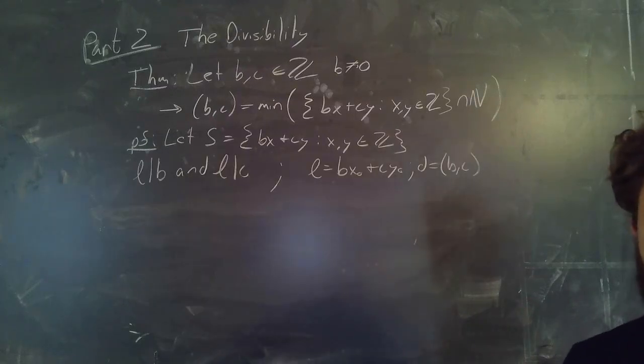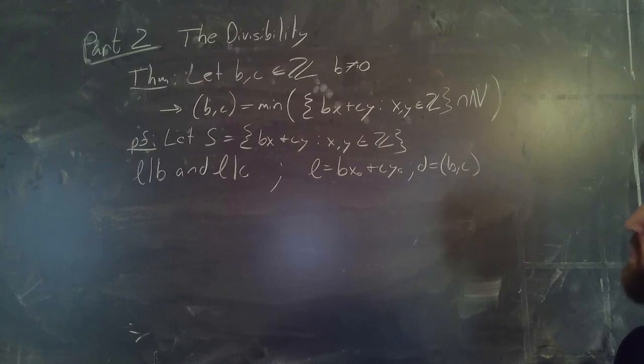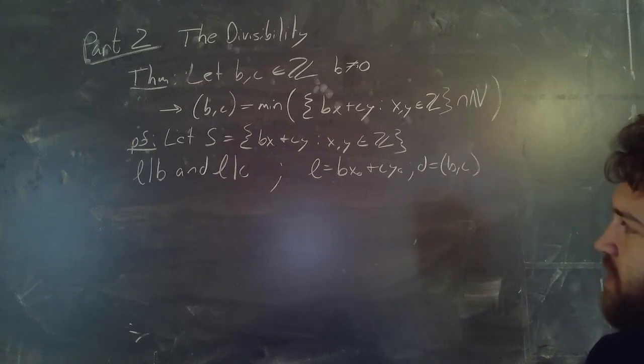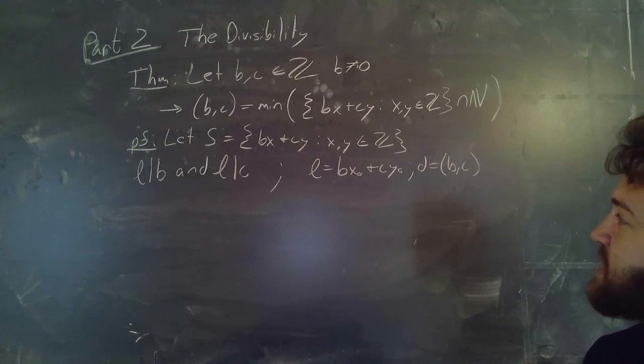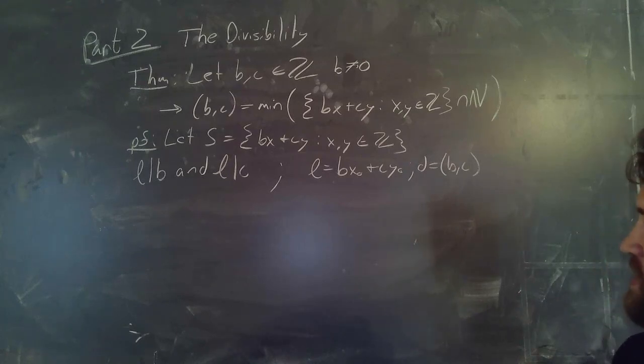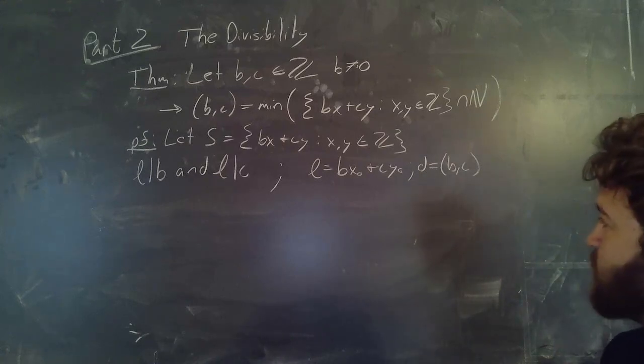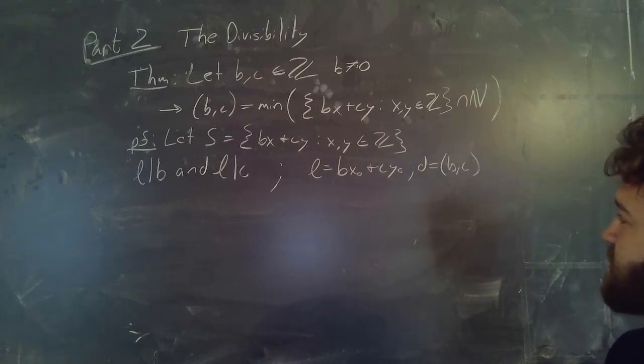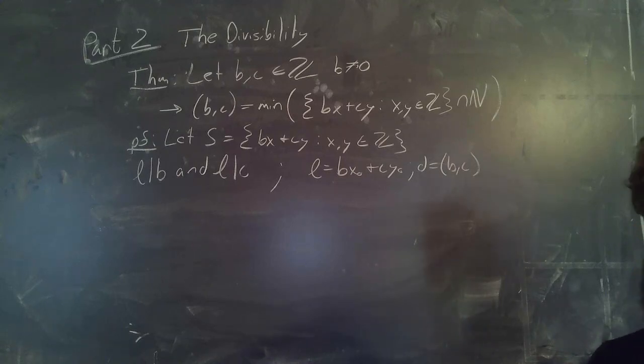Before moving forward, I think it's worth taking a review of what we've shown so far. We have our object S. This is the set defined as bx plus cy, where x and y come from the integers. And so far we've established an object L, which can be expressed as bx0 plus cy0. And we've established that we have a greatest common divisor between b and c, which we have called d.